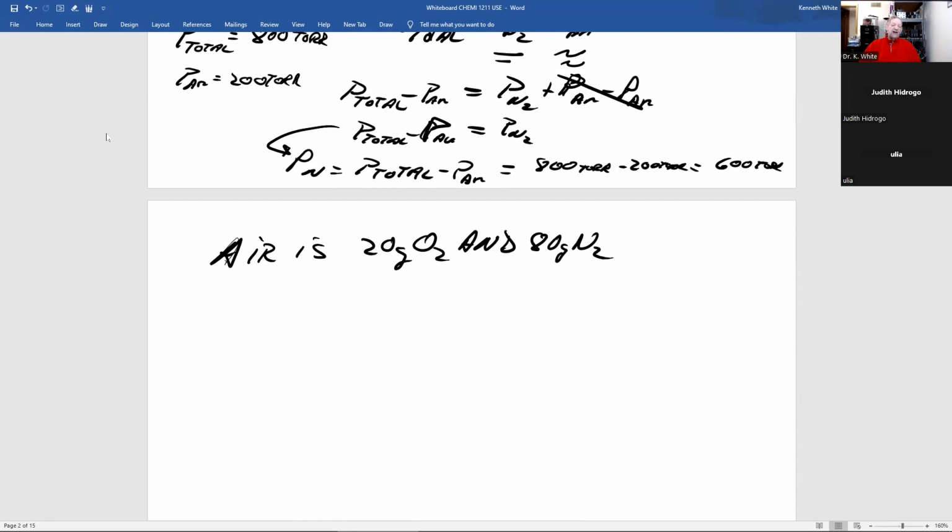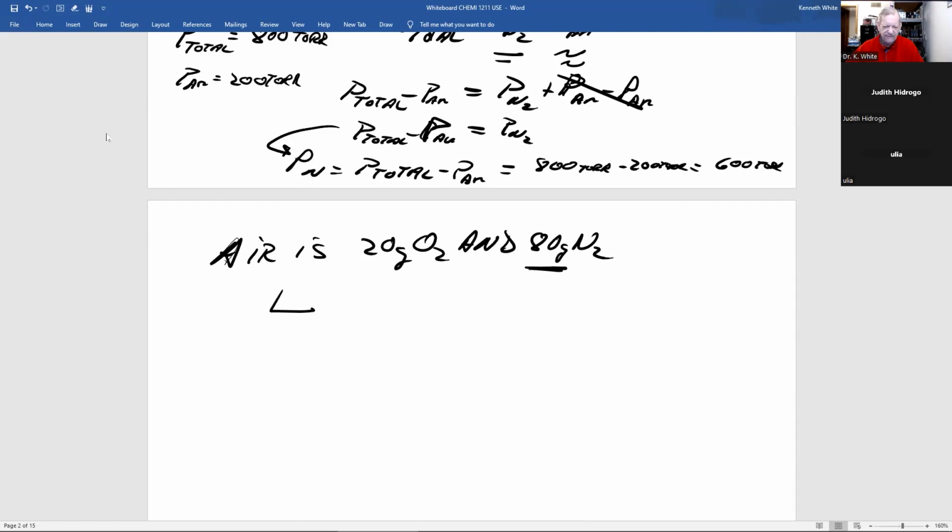Air is composed of every 100 grams, 20 grams oxygen, approximately 80 grams nitrogen, which is to say 20% oxygen, 80% nitrogen. And what is the solvent of air? Well, it's the component present in the greatest amount. And which is greater, 20 grams or 80 grams? Hopefully all picked 80.